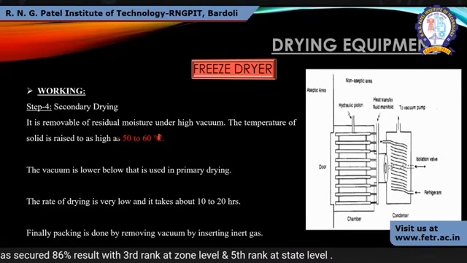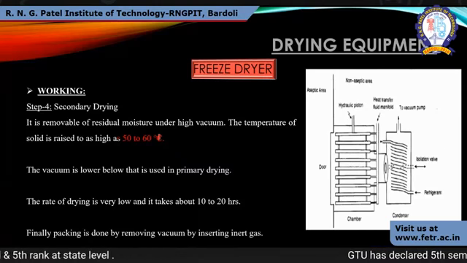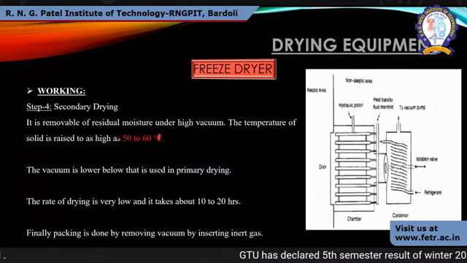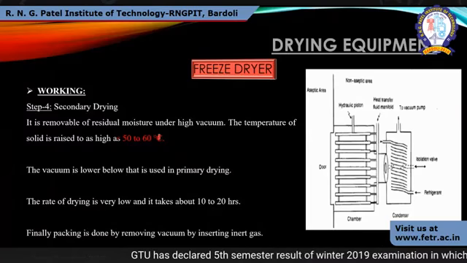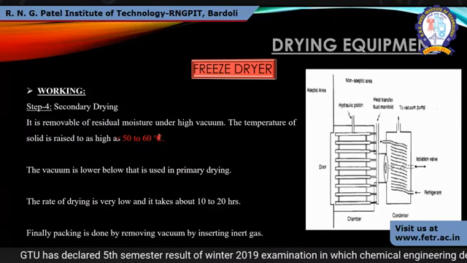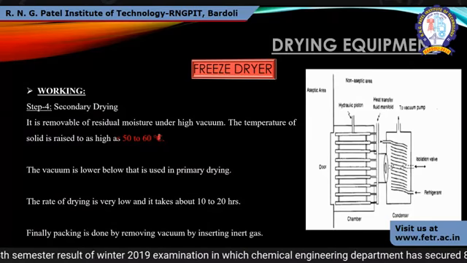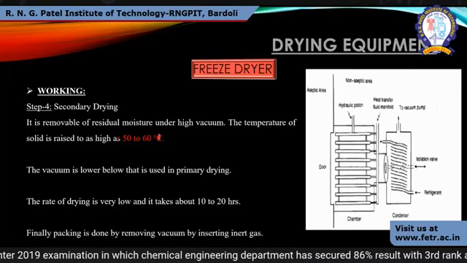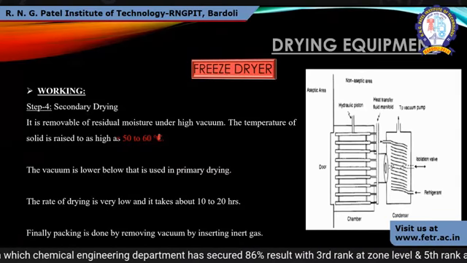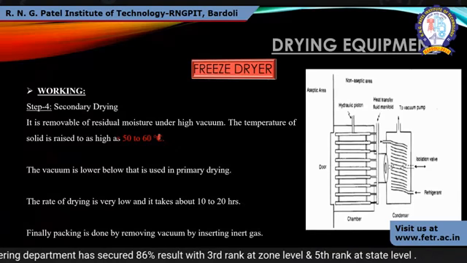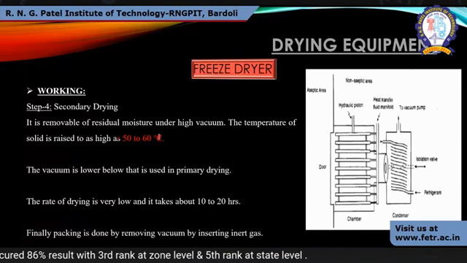So it is removal of moisture. How do we remove moisture? We first convert it into ice, and that ice is converted into vapors. So this is basically the fundamental of freeze drying. There are a number of applications we need to study in detail, but I am going to give you a major overview of how freeze drying is done.